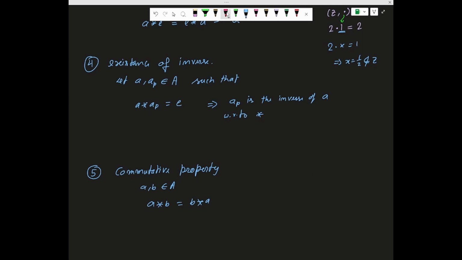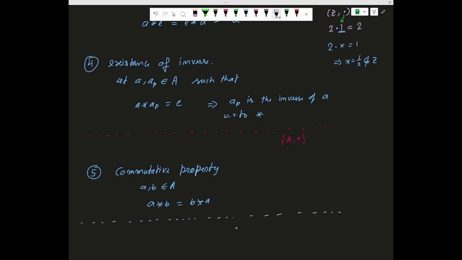So if up to these 4 are satisfied, then we say it is a group. So we represent it as A comma star this way. But when this 5th property is also satisfied, along with the previous 4, then we say that it is an abelian group.